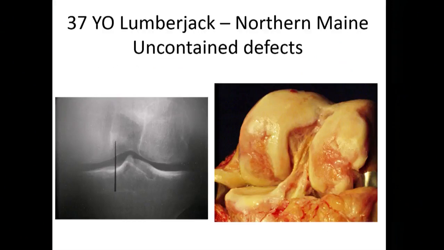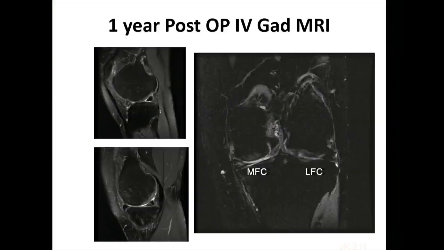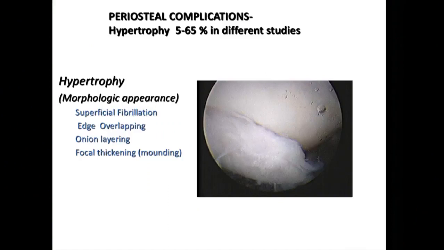As you can see here, this gentleman had 2 weight-bearing, large, uncontained defects. They were prepared, the margins were drilled, and here we have 20 centimeters worth of weight-bearing transplants, and some 10 years later, this is 1 year, and 10 years he's doing well.